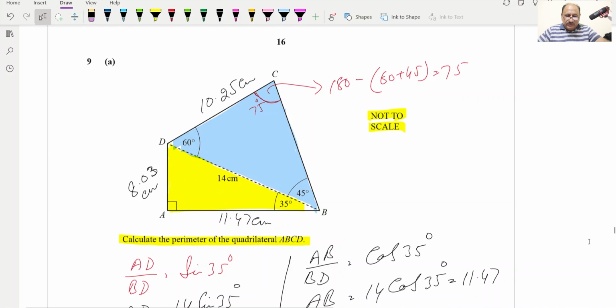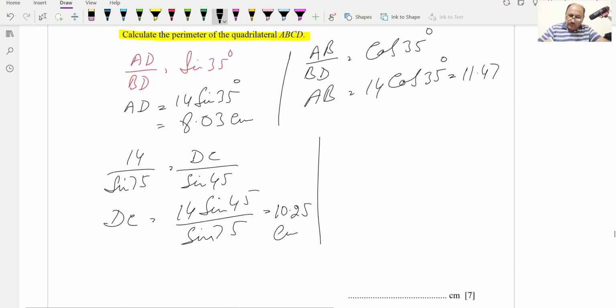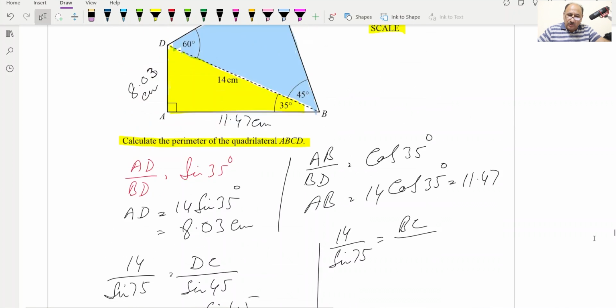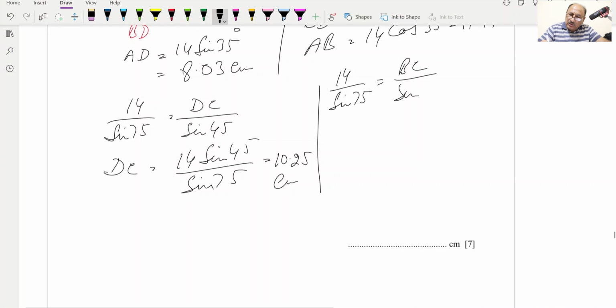So for BC, we can write 14 over sine 75 is equal to BC over sine 60 degrees. So BC is equal to 14 sine 60 divided by sine of 75.